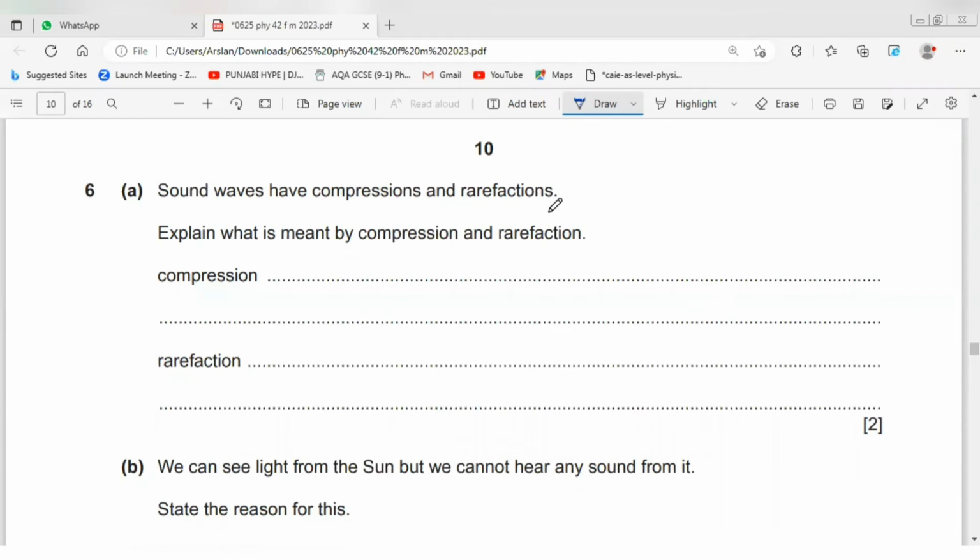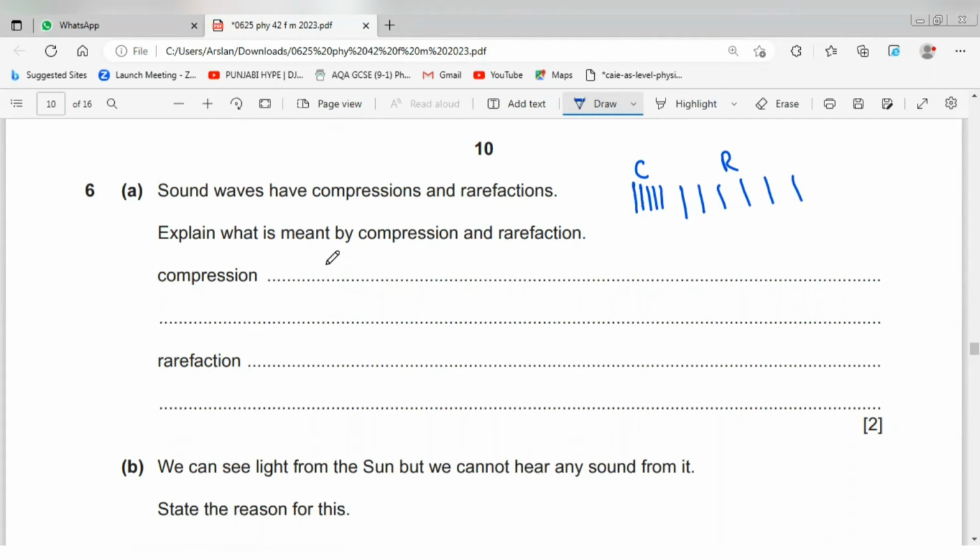Sound waves have compression and rarefaction. Explain what is meant by compression and rarefaction. So in a spring or any sound wave, this has longitudinal nature. In a longitudinal wave, the particles where they are close to each other, this part is called compression, and the particles far from each other are called rarefaction.